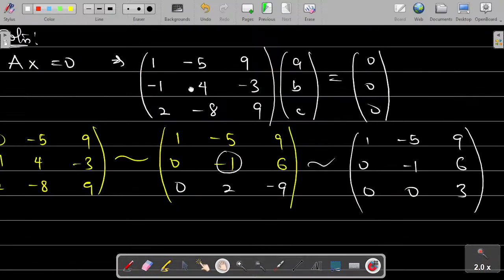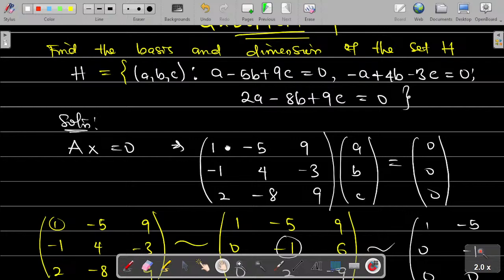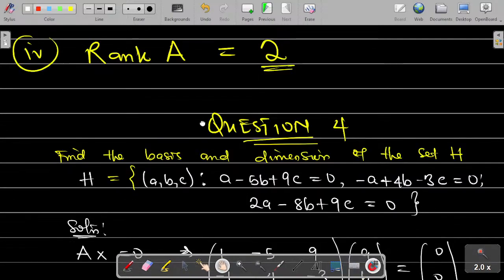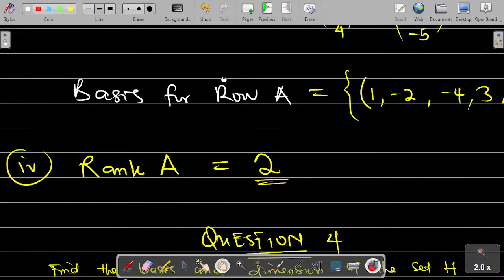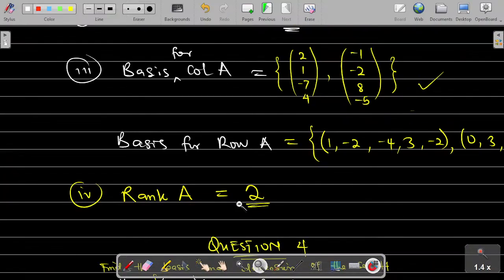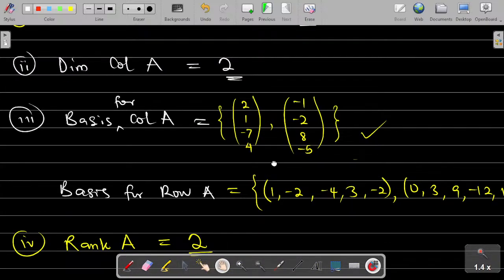Meanwhile, come back to this question up here. I think that's question 3. Permit me to go back to question 3 to confirm something.